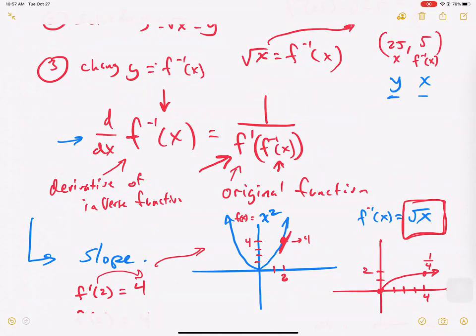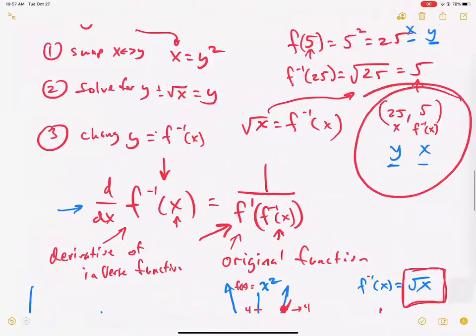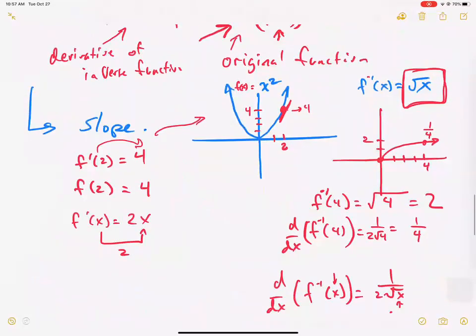But remember over here, this is the confusing part. In the world of inverses, x is really y. So here is what I'm going to show you. Here's a pattern. Let's do the first one.